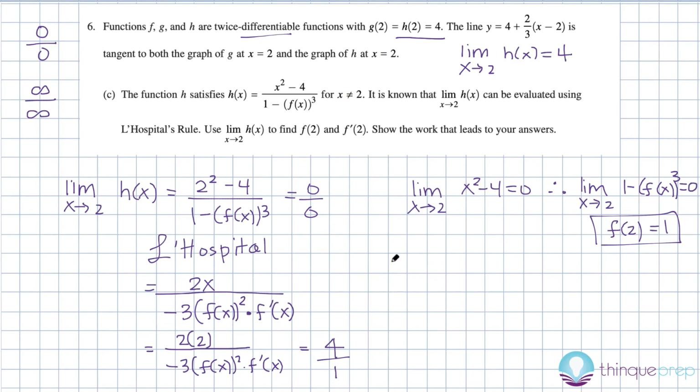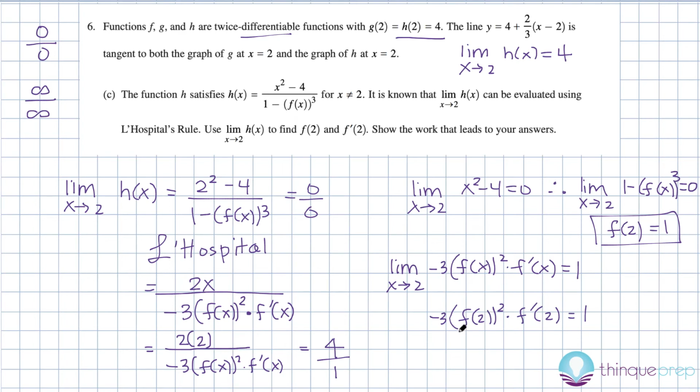So we can say something along the lines of the limit as x approaches 2 of negative 3 times f of x squared times f prime of x should equal 1. And let's go ahead and do some direct substitution then. So negative 3 times f of 2 squared times f prime of 2 is equal to 1.